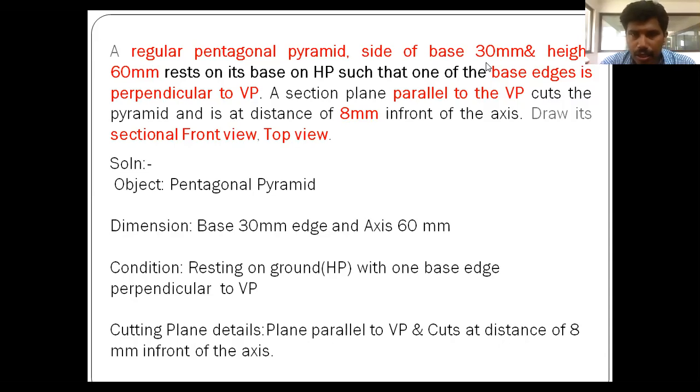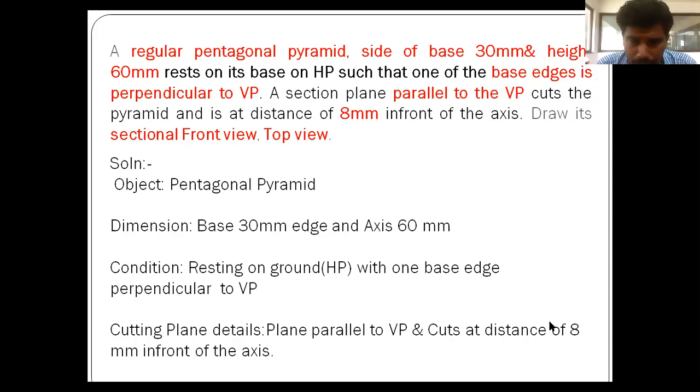So these are all the things given in the problem. You have to sort out these things first: what is the object, what are the dimensions, what is the condition of the object, and what are the cutting plane details.